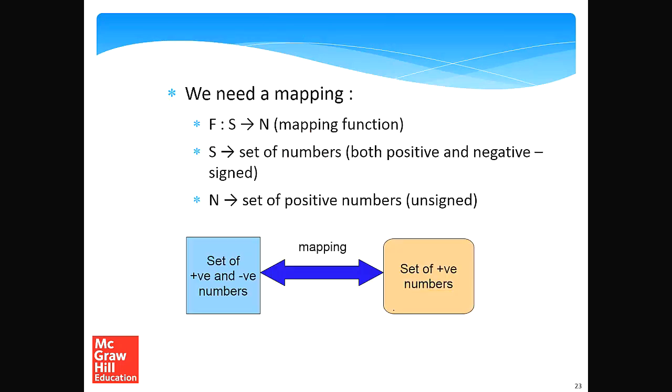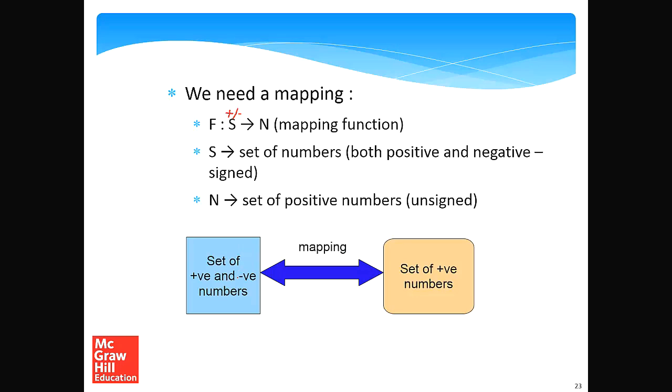What we need to do is create a mapping from the set of all numbers with a sign, which can include both positive and negative numbers, to a set of binary unsigned numbers called n. This mapping would tell us how to represent a number, be it positive or negative, using a set of binary bits.